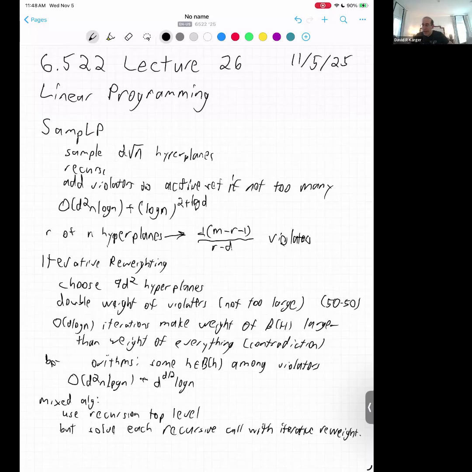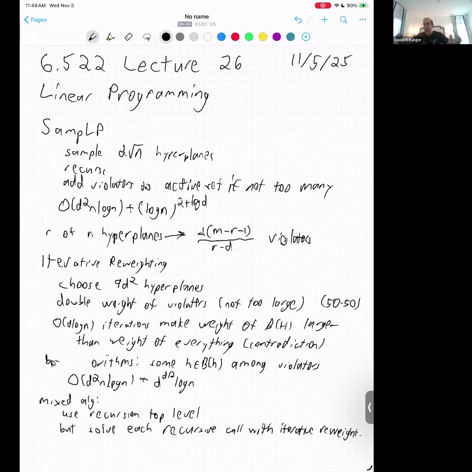But if instead of doing recursion on the second level, we just use the iterative reweighting algorithm, we no longer have this exponentially growing tree. We have a tree whose height is exactly 3, right? We have the root algorithm of sampling, which has d children. And in each of the d children, we'll be recursing on roughly square root of n hyperplanes, but we don't solve those recursively.